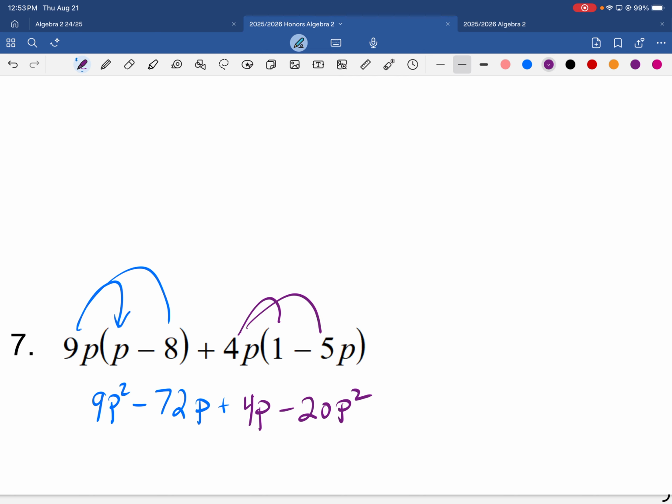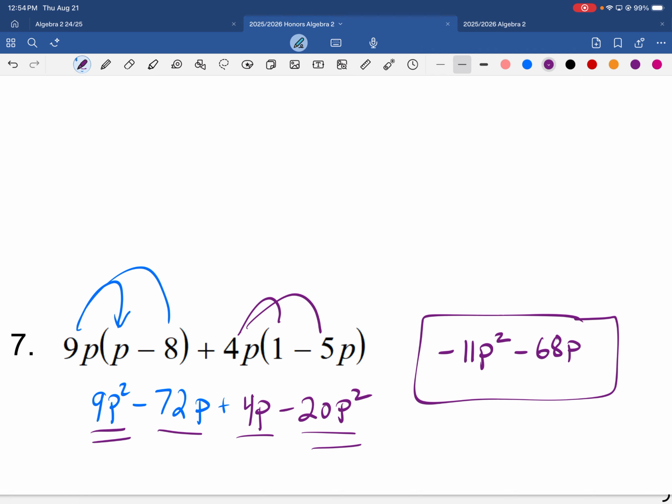All of my variables are p's, so this is 2, 1, 1, 2. I look for my 2's. 9p squared minus 20p squared. 9 minus 20 is negative 11. So we've got negative 11p squared. Base remains the same as well as the exponent. Negative 72 plus 4 is negative 68p.